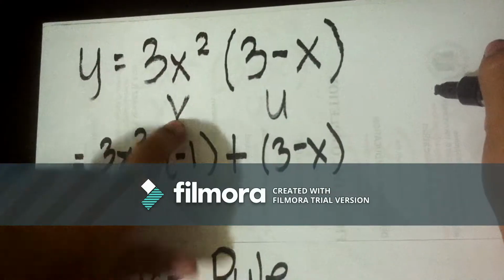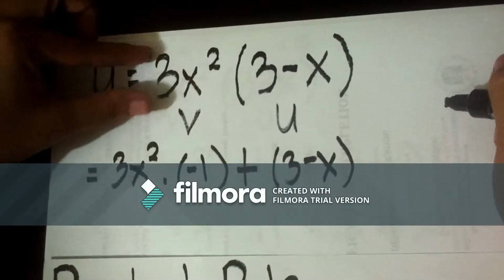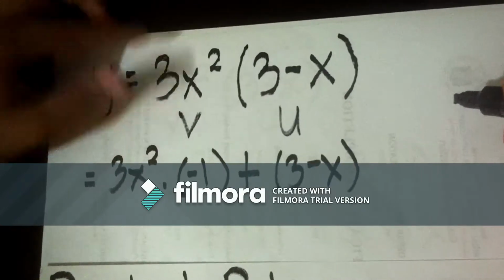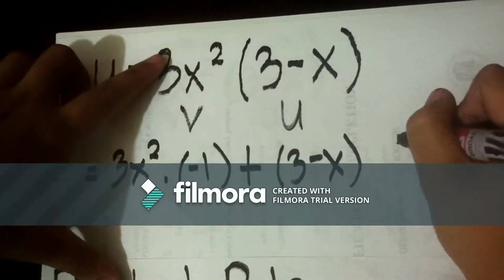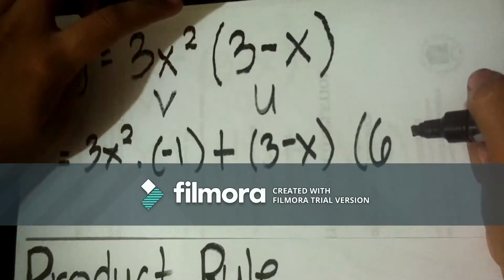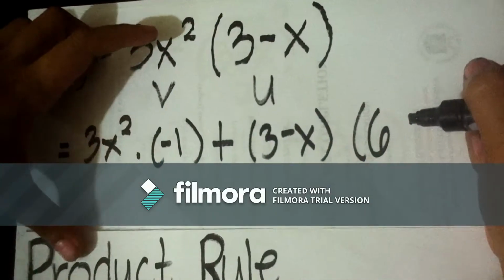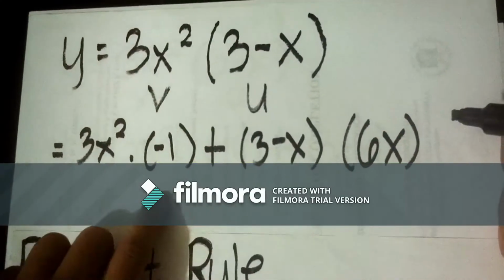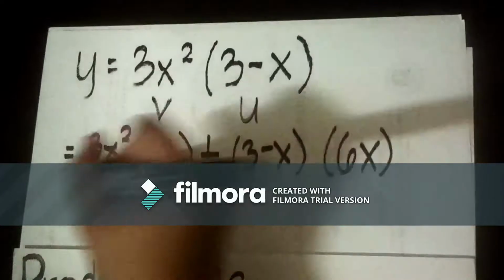times the derivative of v. In here, in order to find the derivative of v, we are going to use the power rule. So 2 times 3 equals 6, and 2 minus 1, what will be remaining is x. So here we're going now to multiply.